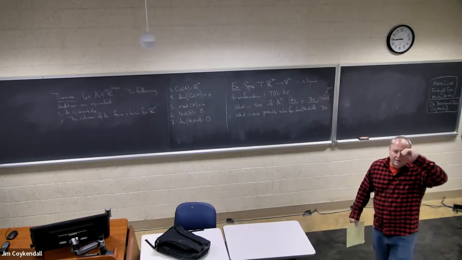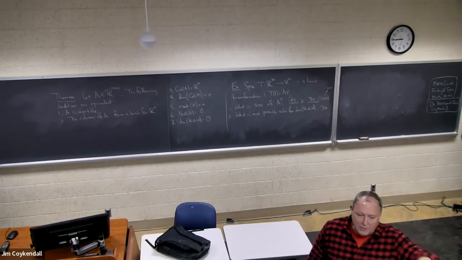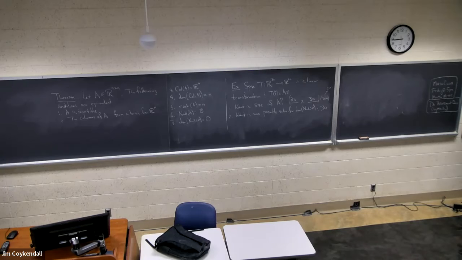Remember, another way to do this, so I did the example of the 0 matrix, but think of it this way. The dimension of the null space plus the dimension of the column space should be 30, right? So let me scribble that down.